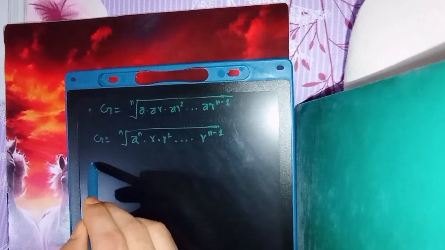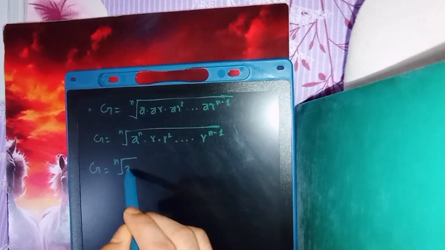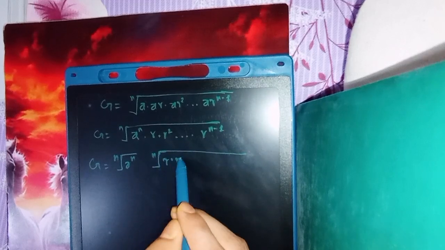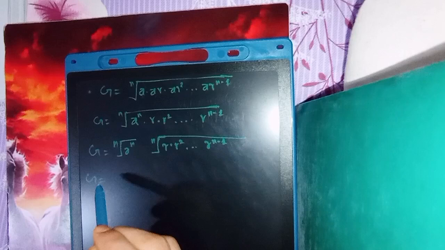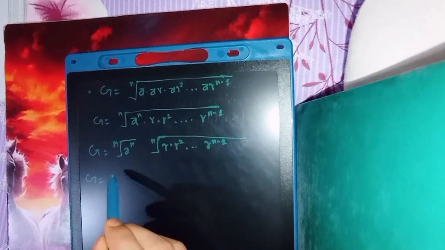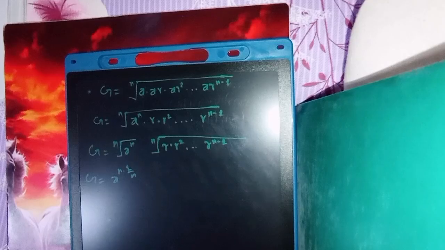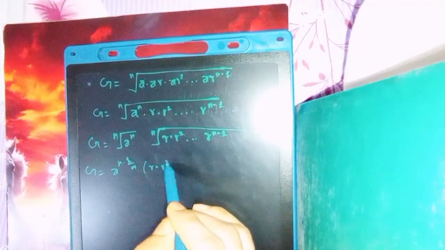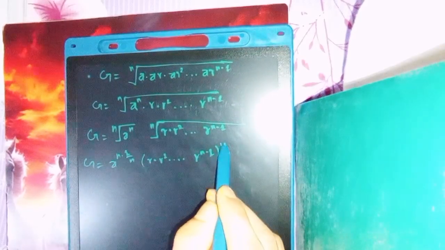So G is equal to a power n, and we can separate this also, r into r square going on to r into n minus 1. G is equal to a power n into 1 by n. You know that it is our rule of indices, and I hope you know the rule of indices so you can apply it here. And for r into r square going to r power n minus 1, we write into 1 by n.